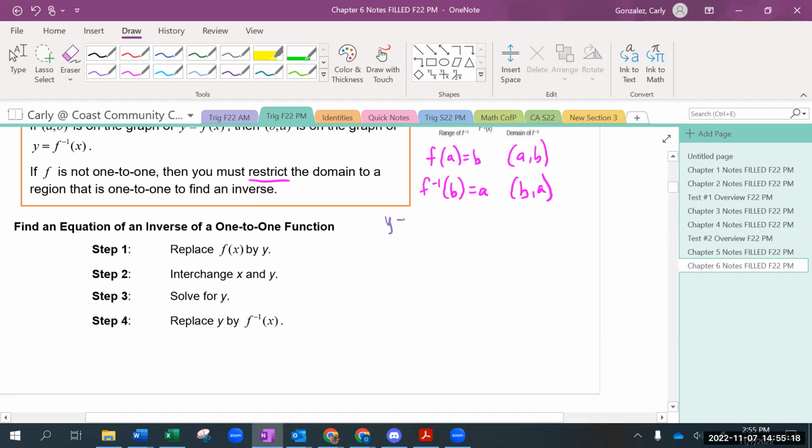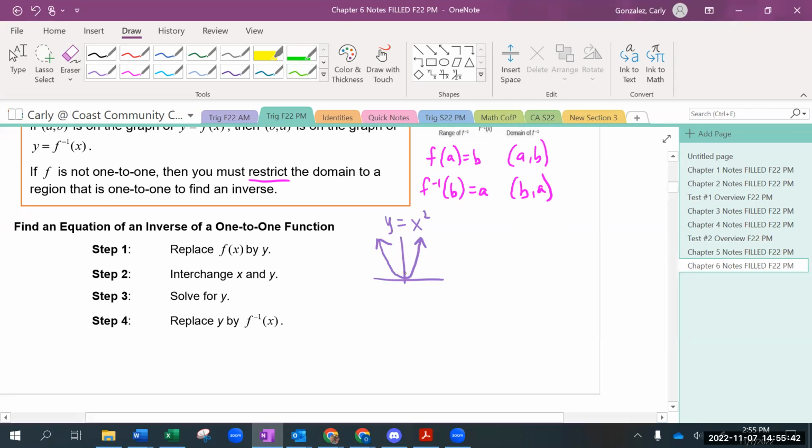I want to look at a function that's pretty familiar, which is y equals x squared. That's a graph of a parabola. As we saw in a previous example, it is a function, but it's not one-to-one. So that's a problem.